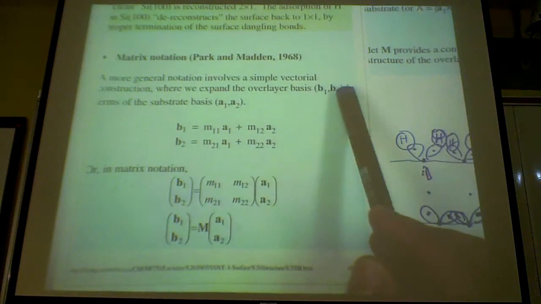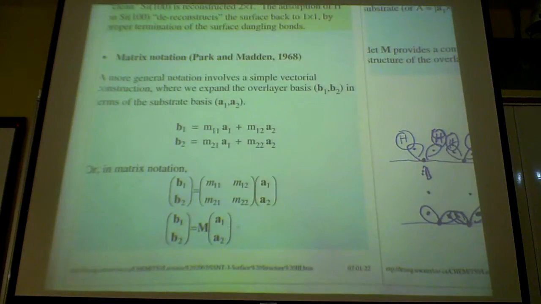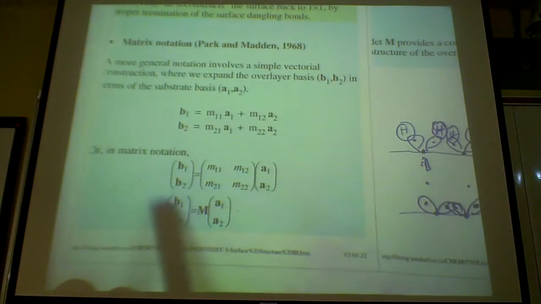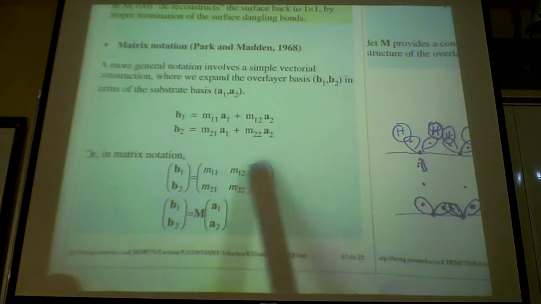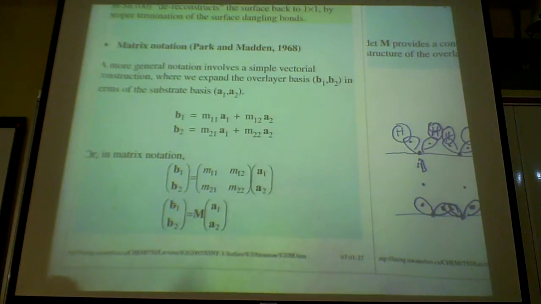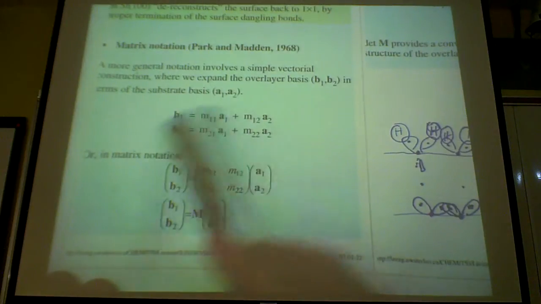I can build my B1, B2 by this sort of transformation. So I use a matrix. In matrix notation, it looks something like this. You just take this matrix, multiply by this column vector, and transform it to another vector.